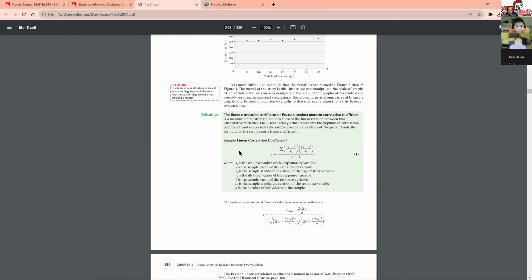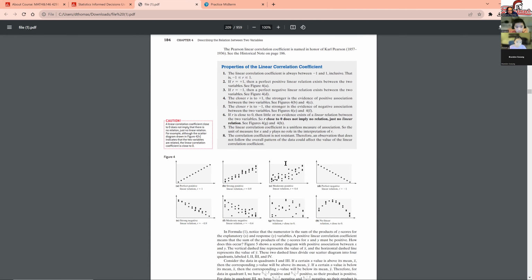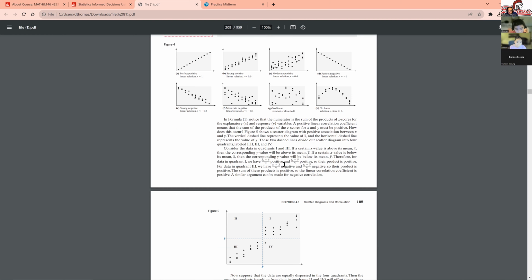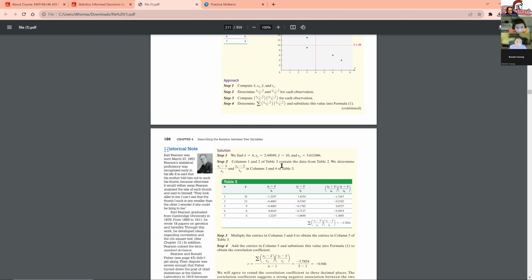R is first introduced here as the linear correlation coefficient: the sum of the differences, each divided by its standard deviation, and then divide all of that by n minus 1. But there should be a definition that talks about R squared.